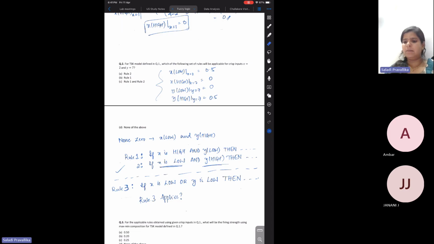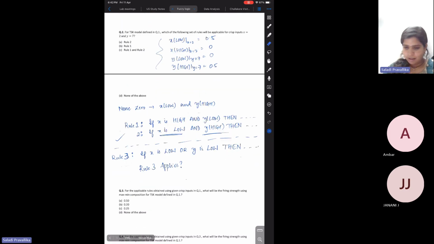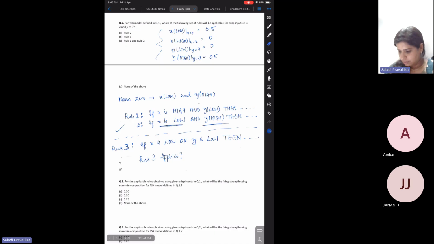So Amber says because OR means taking the maximum membership value, which will be non-zero, that is 0.5. You're absolutely right, Amber. Now just an additional thing, rule 4.